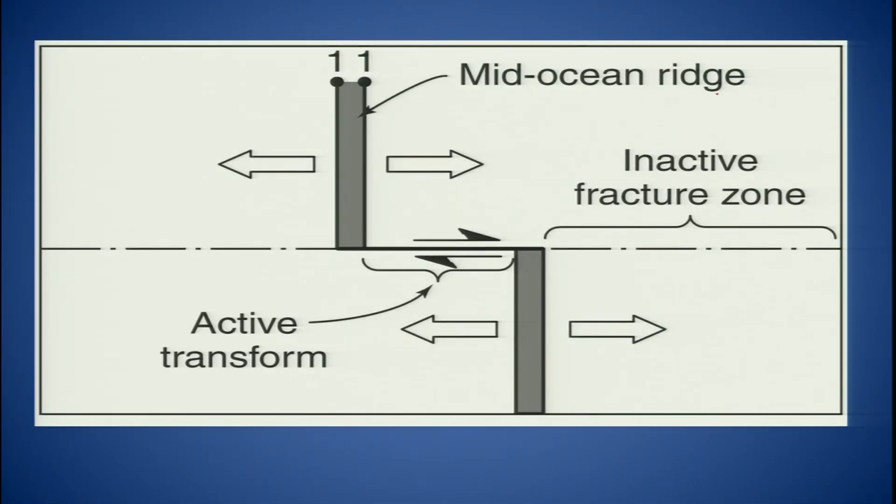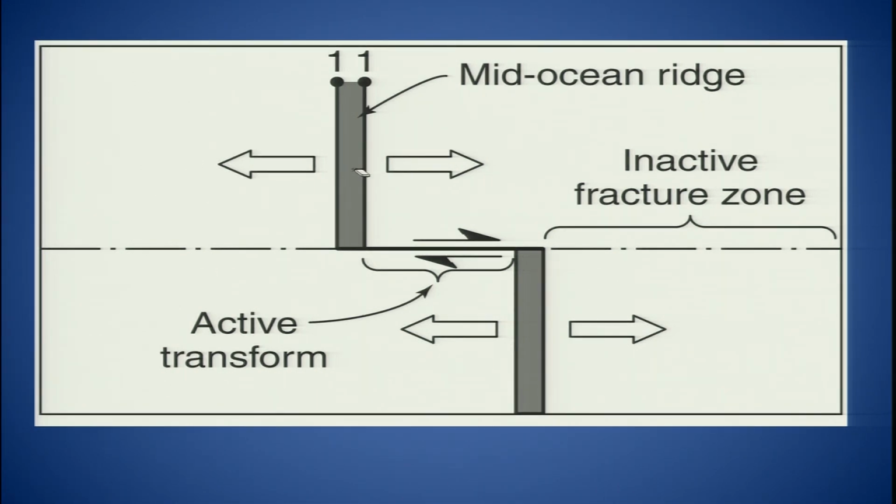So on the mid-oceanic ridge, this portion is basically an inactive one, and this one is the active. Okay, so if we take this portion as a marker, then we see that this part of the plate is moving away, because this is the spreading center.